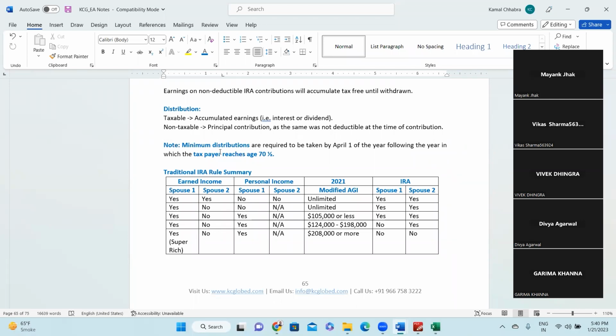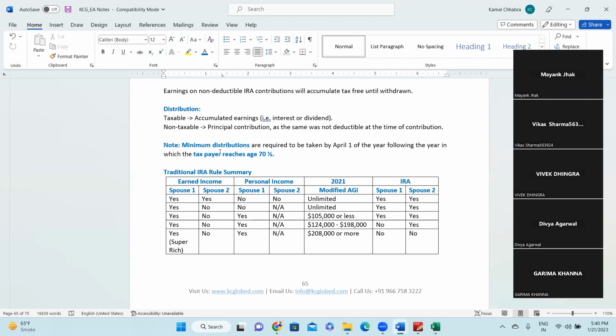For example, let's assume in October 2022, your client has reached the age of 70 and a half years, right? In his case, he needs to make a certain minimum withdrawal on or before the 15th April 2023, right? By the next year's April, he or she minimum needs to withdraw a certain amount from those IRAs, right?